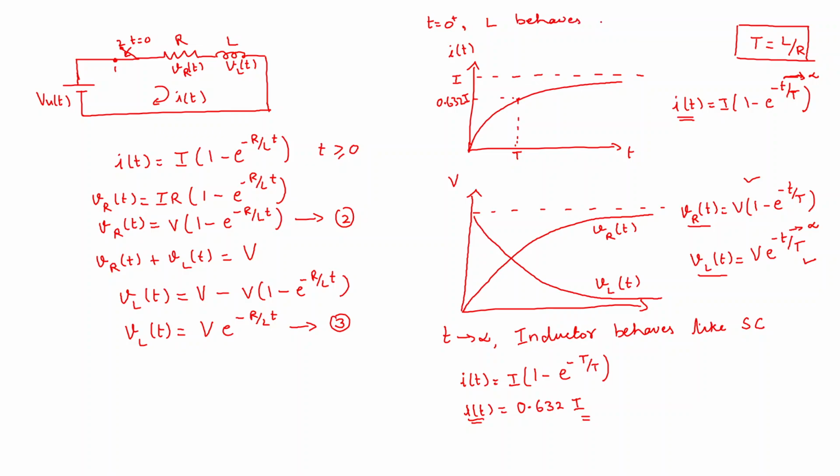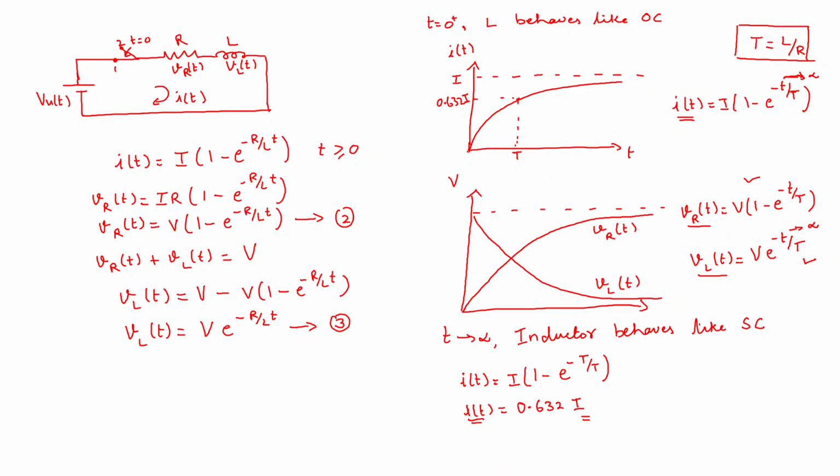That's why there is no current flowing, and the current slowly increases and reaches its steady state value at t equal to infinity. When t is equal to infinity, the inductor behaves as a short circuit. So this is the behavior of the inductor in transients.